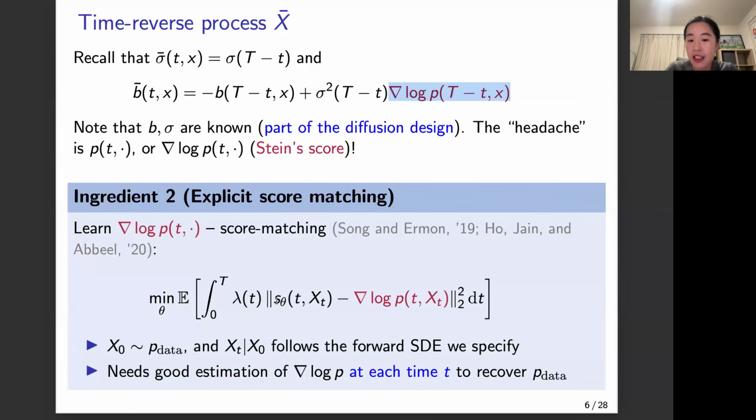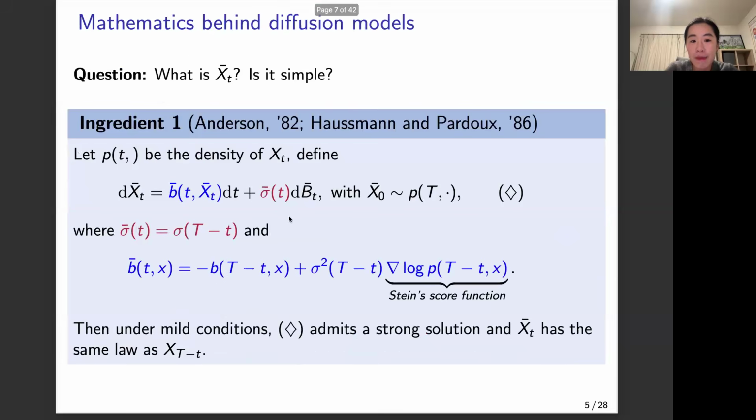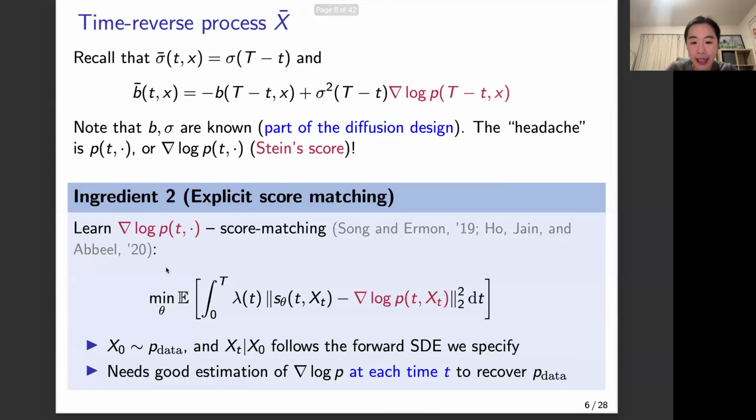We want to find the best possible S theta within our specified functional class so that S theta is a good approximator to the gradient of log p. Then we can plug S theta back into this b bar term, replacing the unknown Stein score function, and use this as an approximator to b bar and then simulate new samples. So that would be the idea.